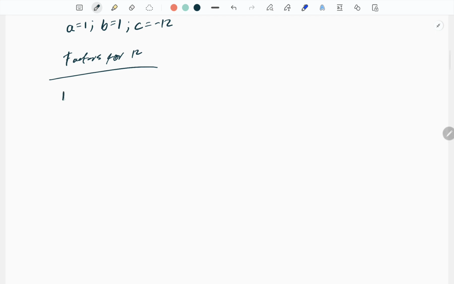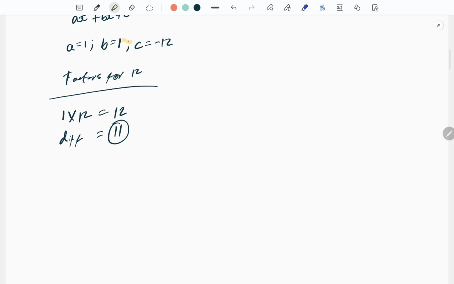For example, we can say 1 times 12. Now, what is the difference between these two? Let's say 12 minus 1. The difference is 11. Now, is this the number that we are looking for? Remember, we are looking for this number here, b, that's the constant we are looking for. So we know this is not what we are looking for.